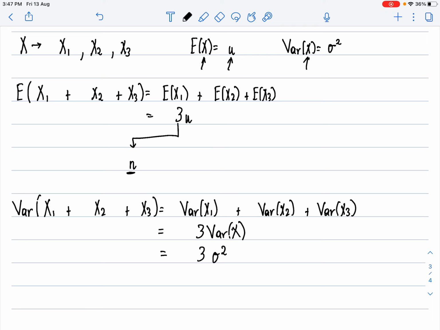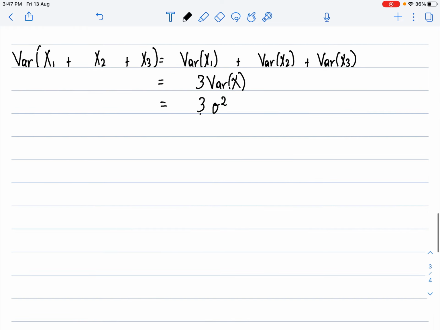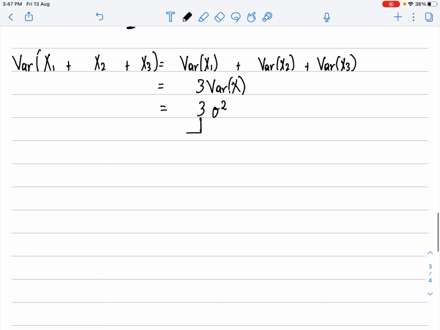Because these are independent observations, when you have the n here, if you notice, it is not squared. Normally, as we learned in the previous videos, the constant multiplied by the variance was always squared.